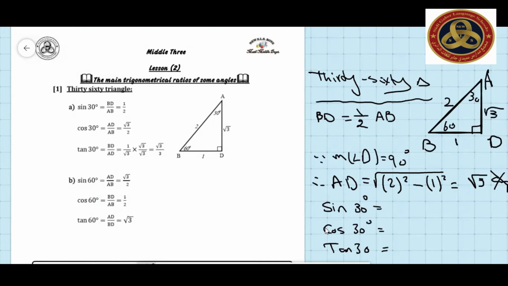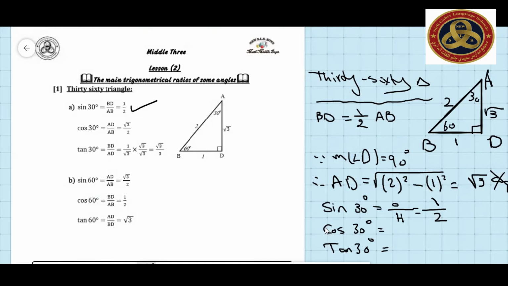Who can tell me how we get sine 30? Sine is opposite over hypotenuse. What is the opposite of angle 30? Excellent. 1, which is BD. And what is the hypotenuse? It is 2. So the sine of 30 equals half. You have it in your book.